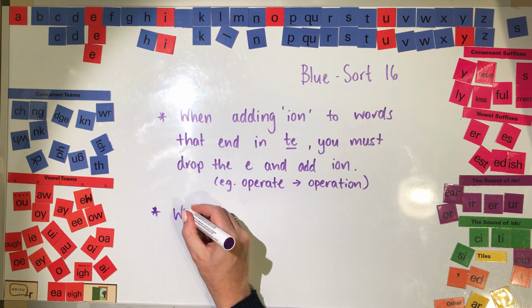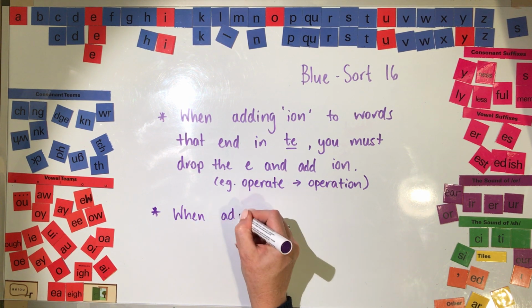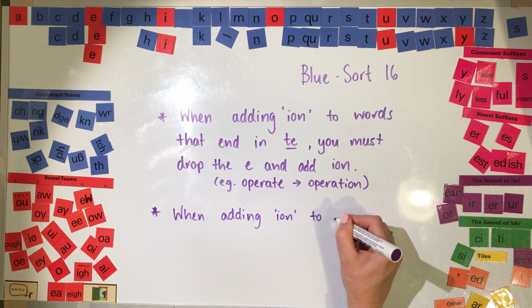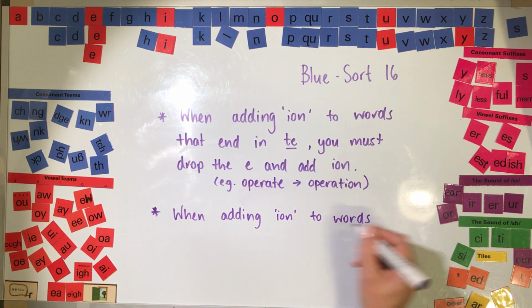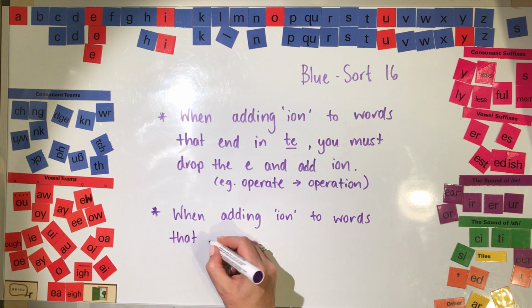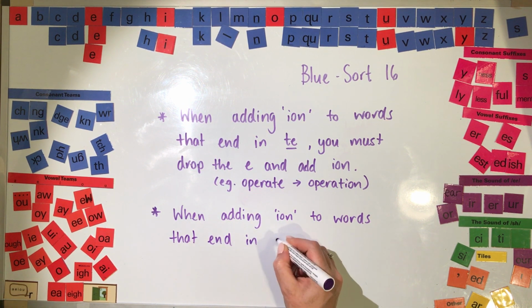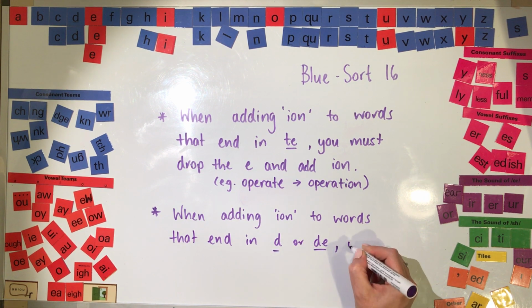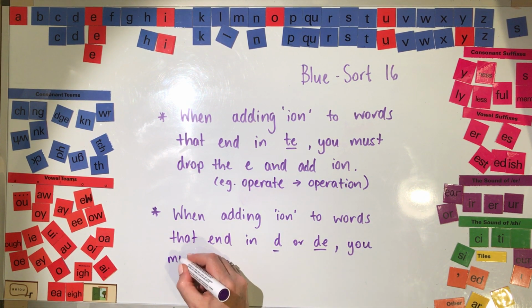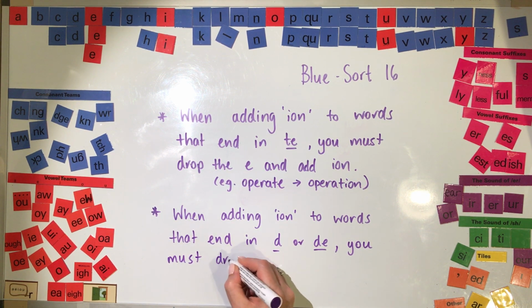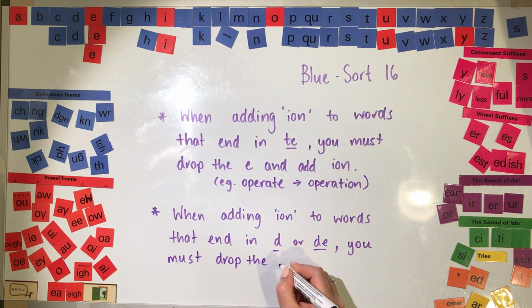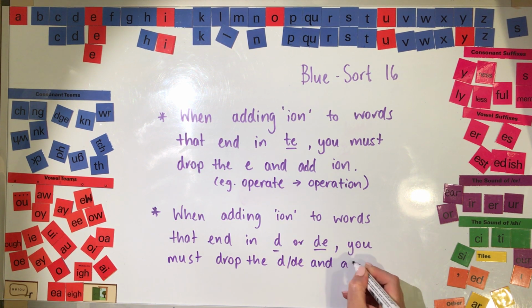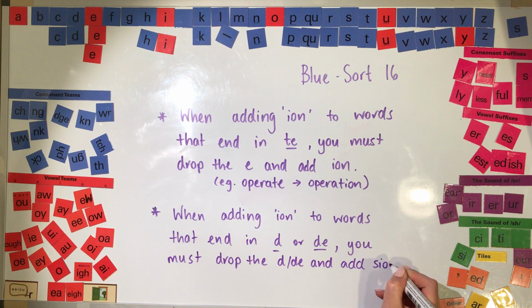Okay, when adding ION to words that end in D or DE, you must drop the D, DE, and add SION.